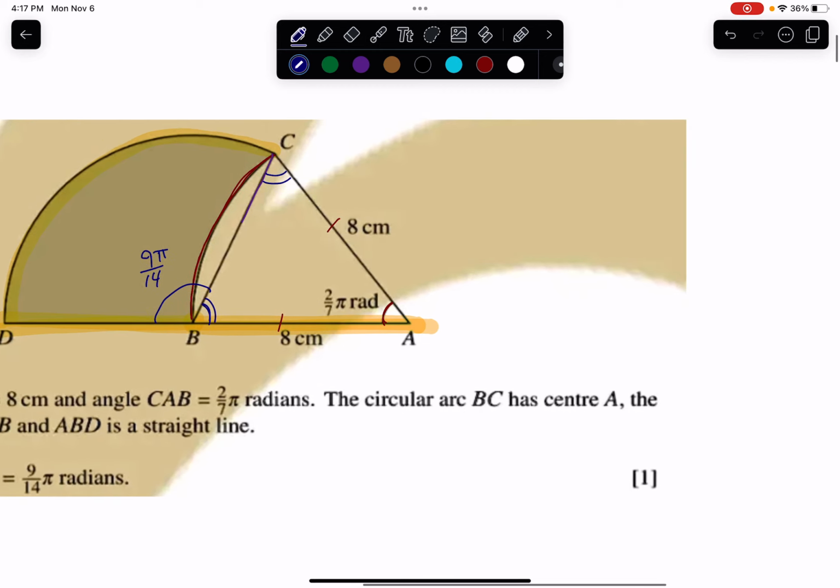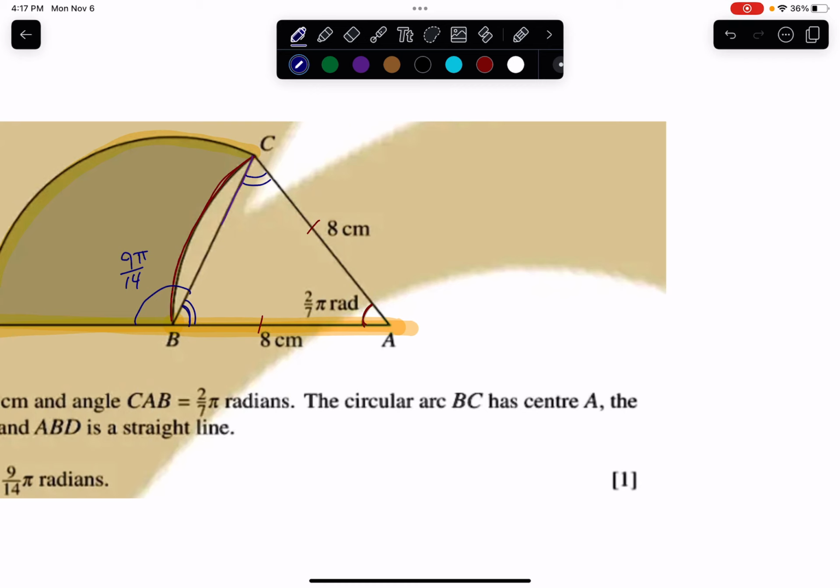Well, there's 180 degrees in a triangle, but these angles are measured in radians. So what does that mean? 180 degrees is equal to pi radians. That's the conversion. I've already got this top corner is 2/7 pi.